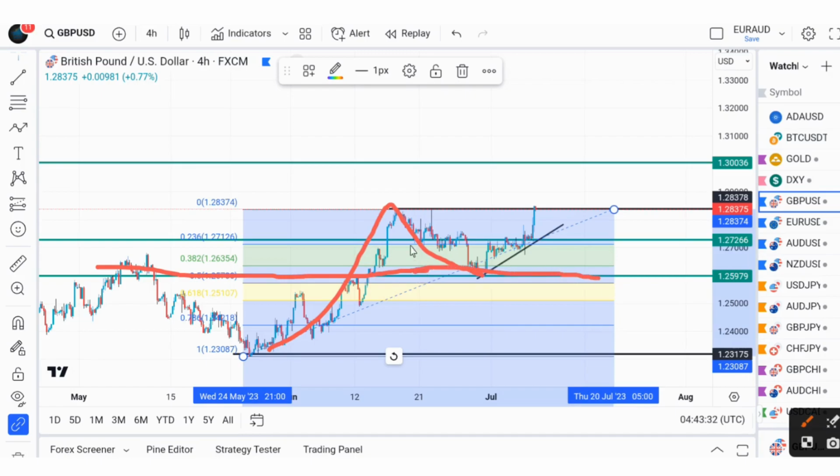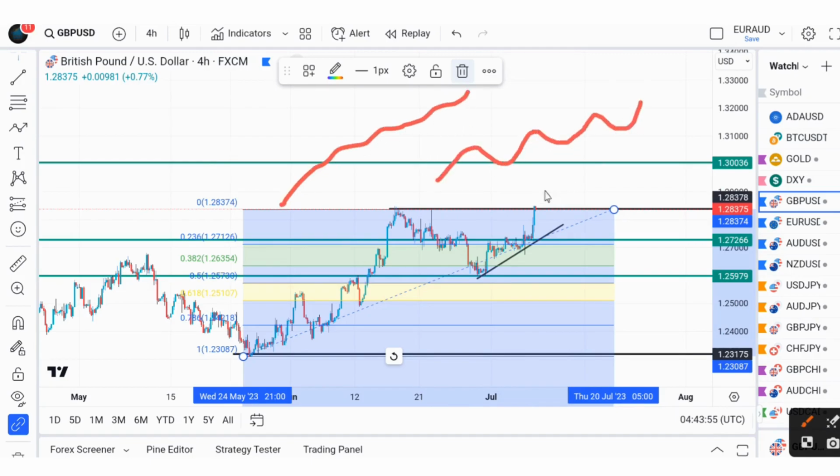So it has rejected here. We can anticipate a formation of a new high right there, but a new high cannot form if we don't see a retracement, because markets don't just move like this, markets move like this. So we might see a retracement after this high volatility move to the upside. We might see a retracement here, then a move to 1.30036. So take note of that.